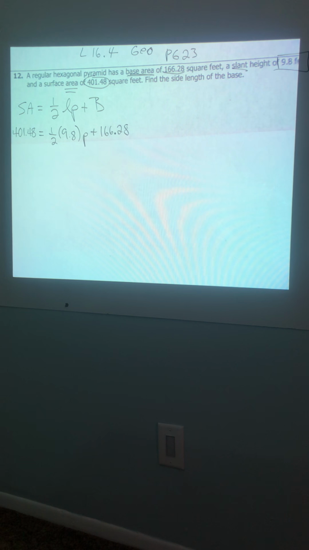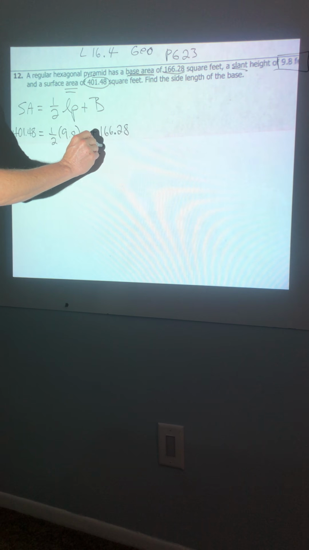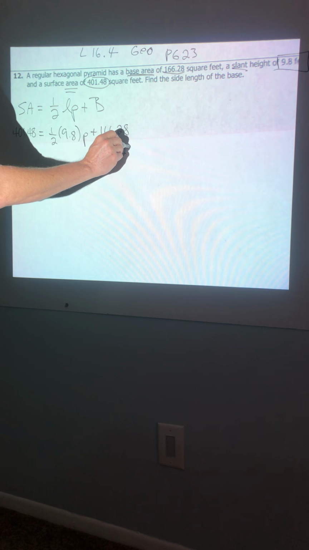Why should you be happy right now? Because the only variable you see up there is letter P, and so you can solve. We want to get P by itself. I'm going to type in 401.48, and I want to get rid of this 166.28 from both sides. We're just getting P by itself.